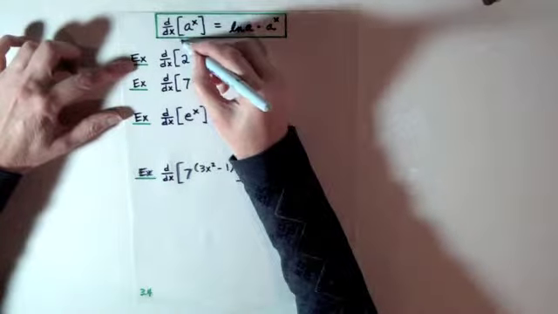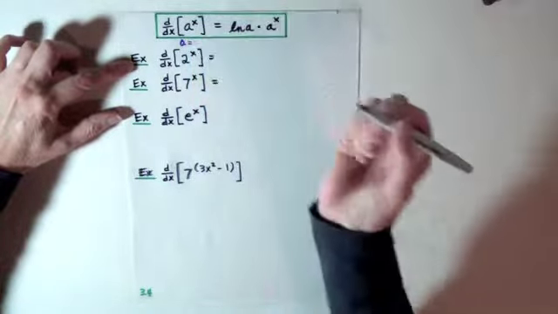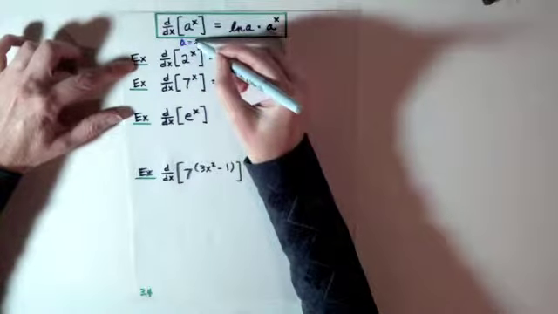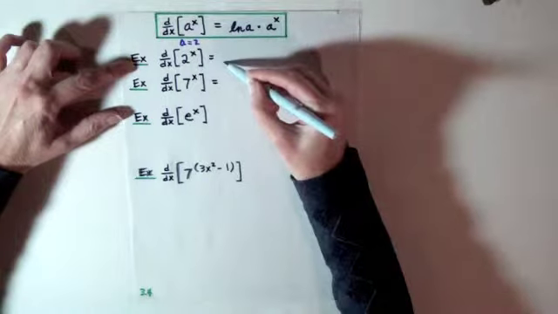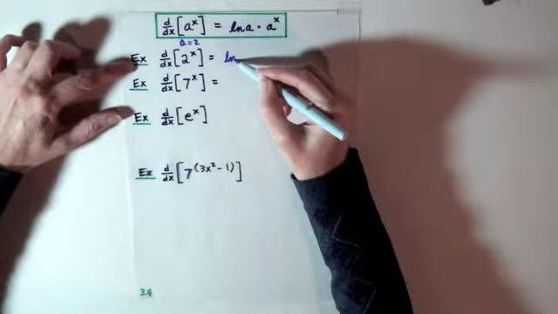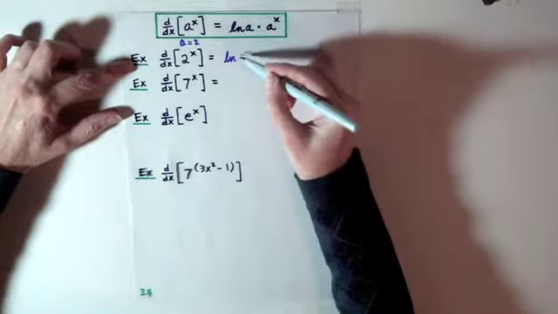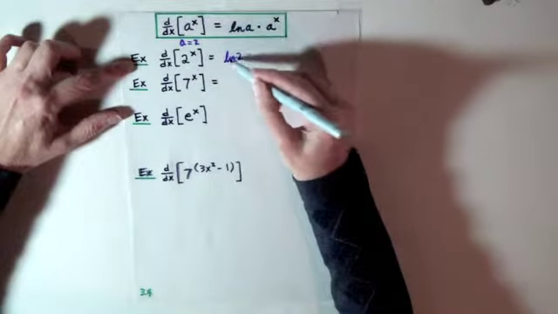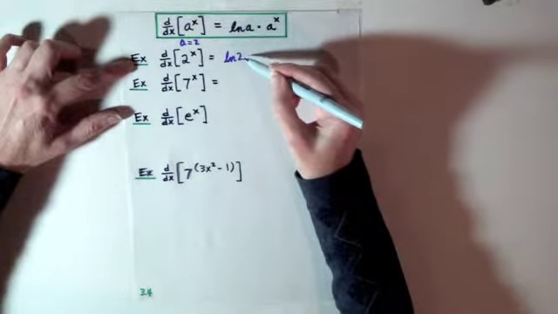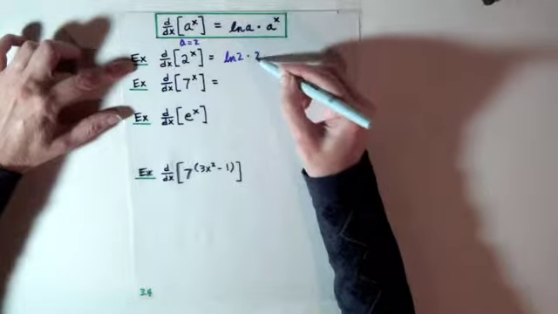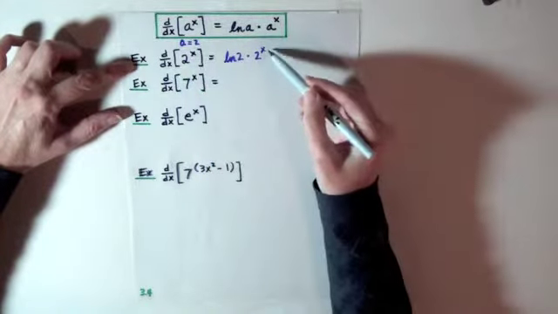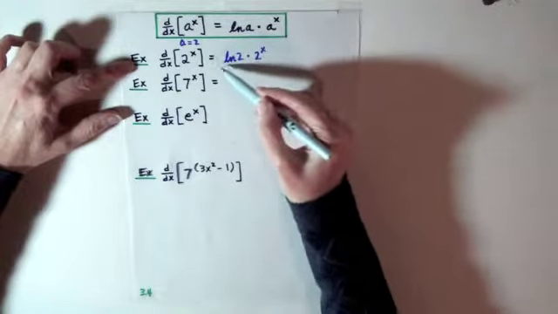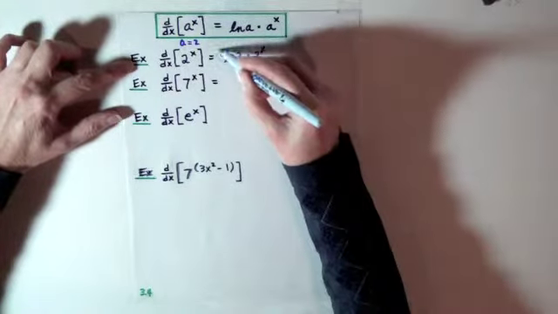Well, then that means that in this case, my a is just equal to whatever the base is, 2. And according to this formula, the derivative of 2 to the x is almost equal to 2 to the x, but there's an extra factor of ln of 2, whatever number that is, times 2 to the x. It's almost its own derivative, but there's this sort of extra fix-it factor that we need out in front.